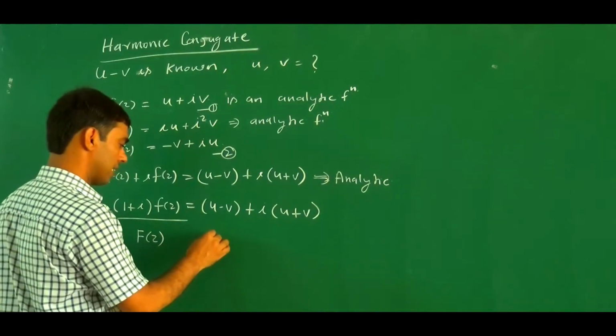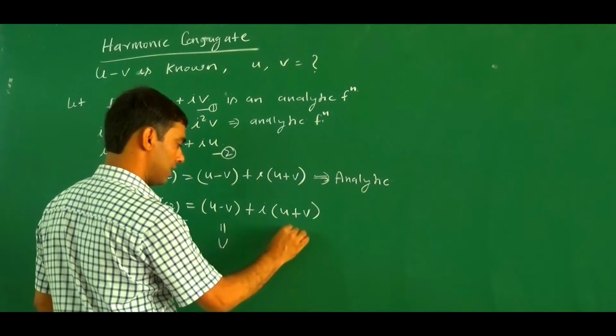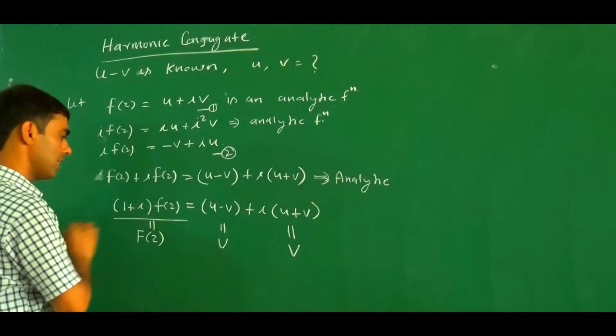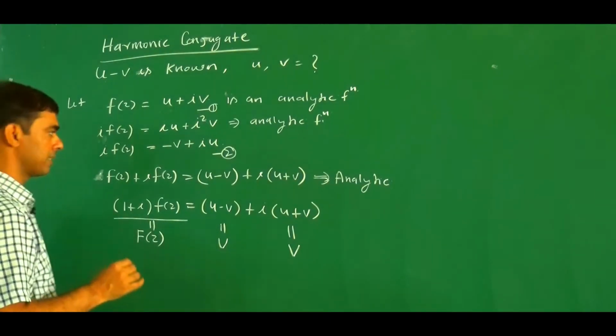This one is capital U, and this one is capital V, and this one is capital F(z). Then what will happen? This one is analytic.